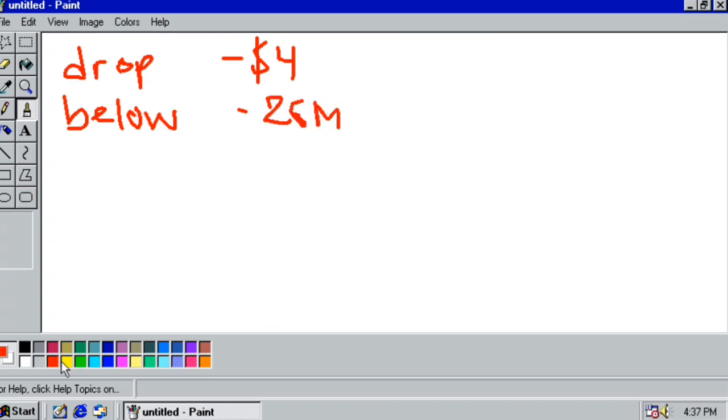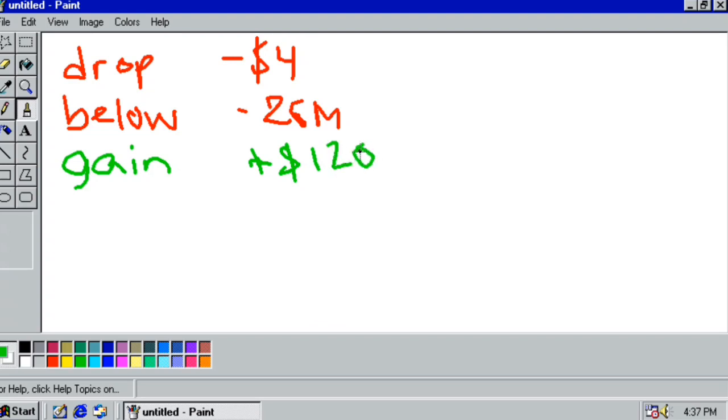Next, a savings account gained an interest of $120. From the word gain, it means it went up. So it's positive $120.